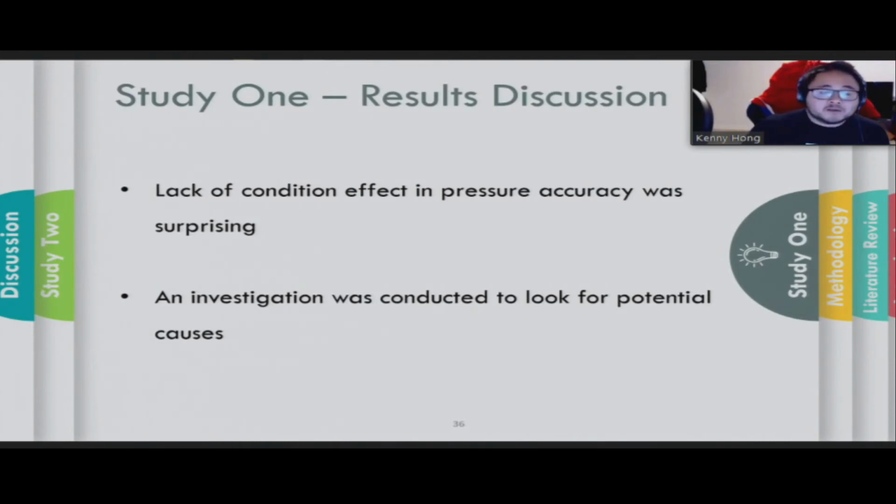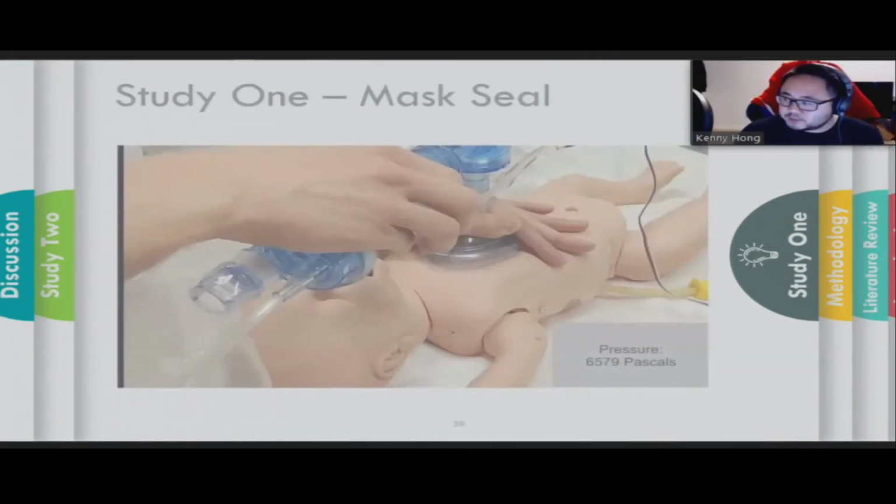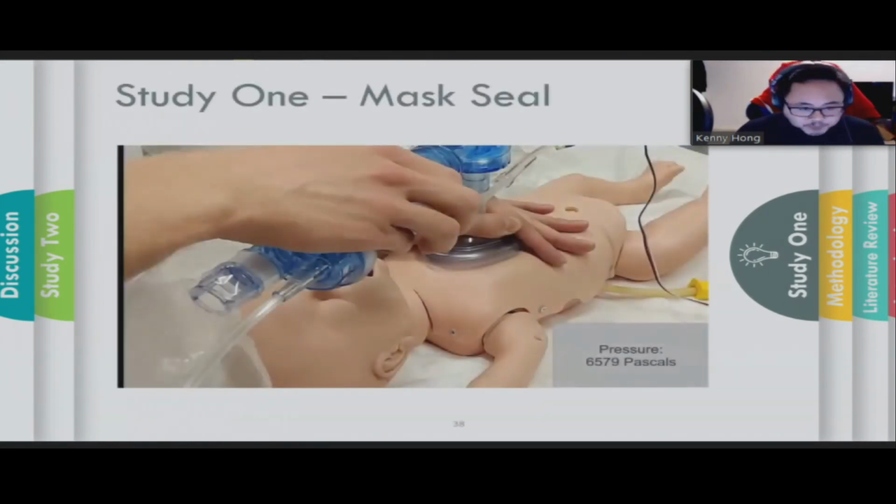The lack of condition effect in pressure accuracy was surprising, so we investigated further in order to look for potential causes. We found that there was quite a bit of missing data in our analysis, and we looked into why this was happening.